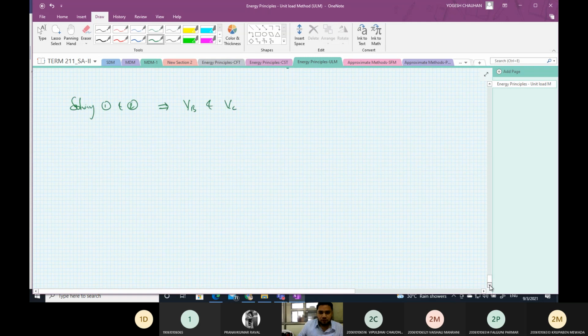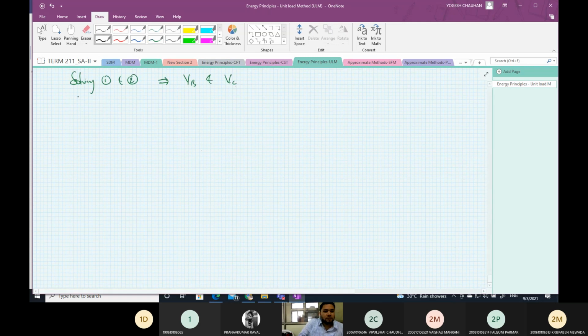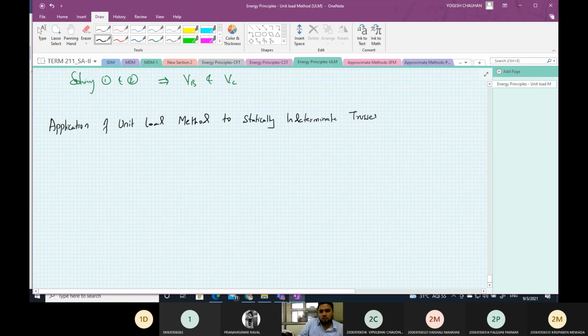Now let us see the application of unit load method to statically indeterminate trusses.